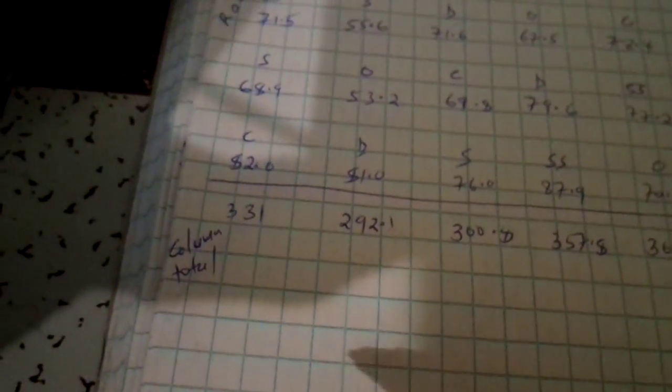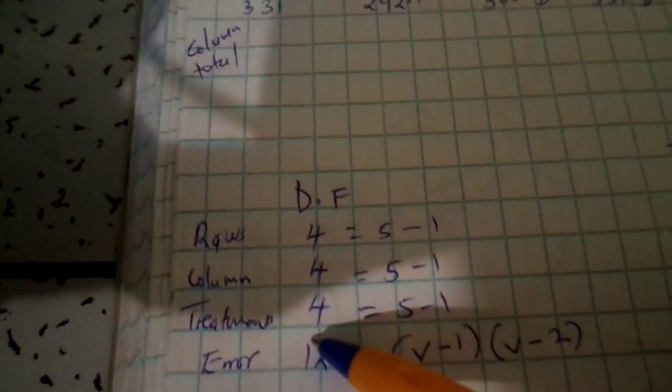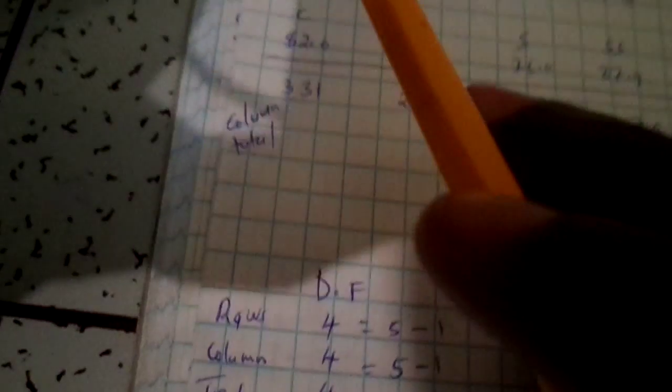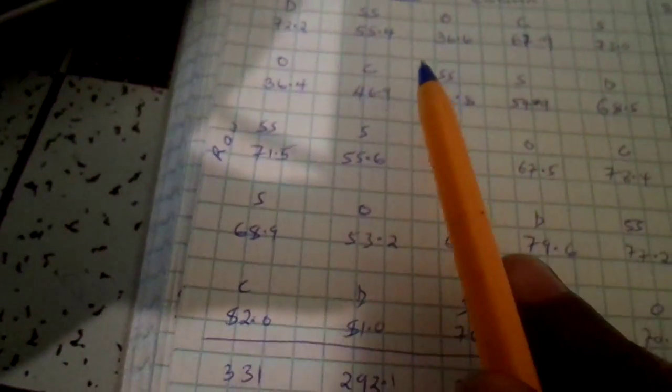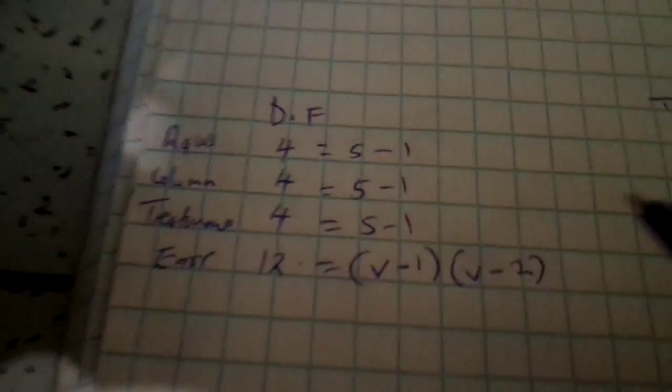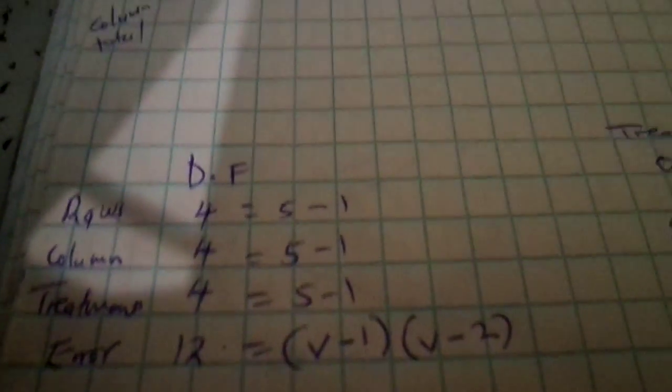Then for treatment, it is the same thing. The treatments have these observations, arranged in rows and columns, so there are 5, and it is 5 minus 1. The error you calculate by the formula (V minus 1) times (V minus 2), where V is the number of treatments.